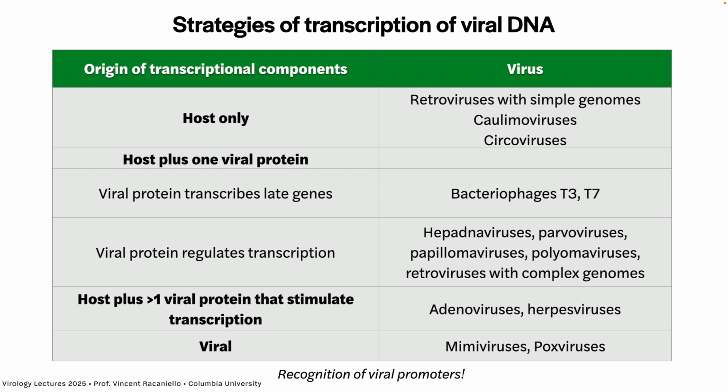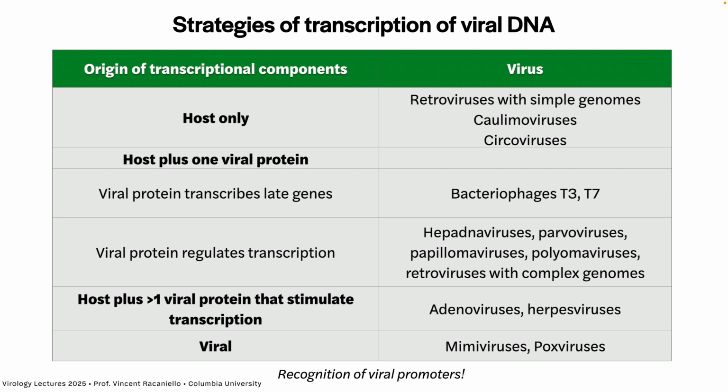Then there are some viruses that use the host plus one viral protein. So they make one viral protein that gets involved in transcription, and that includes the bacteriophages T3 and T7, which make a protein that is involved in transcription of the late genes.